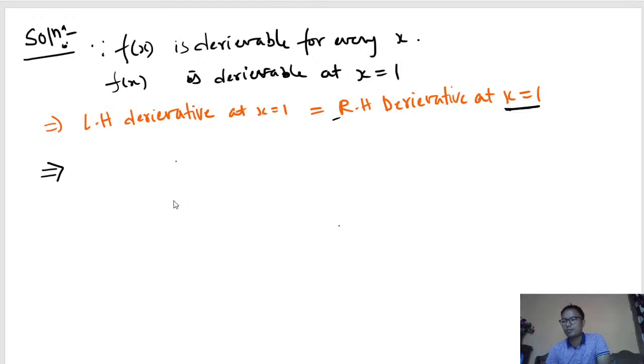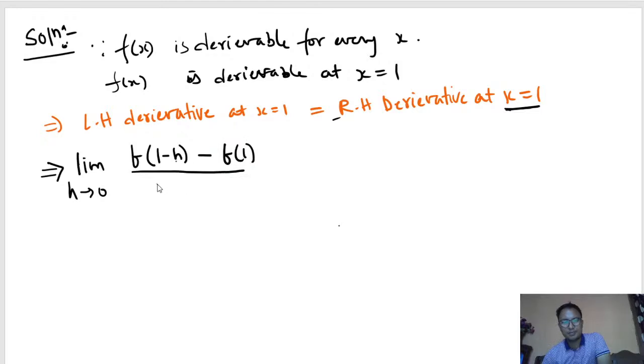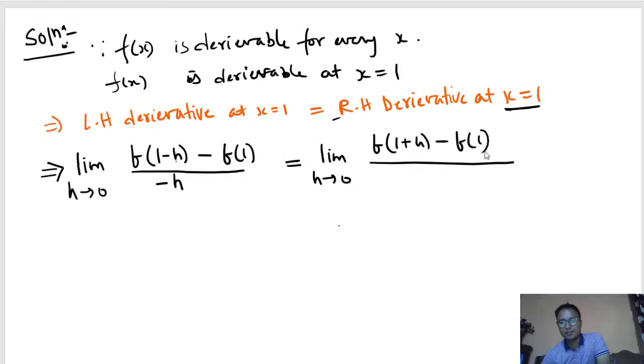The limit, the left hand derivative is limit h tends to 0 of f of 1 minus h minus f of 1 divided by minus h, and the right hand derivative is limit h tends to 0 of f of 1 plus h minus f of 1 divided by h. Now we will put the value.